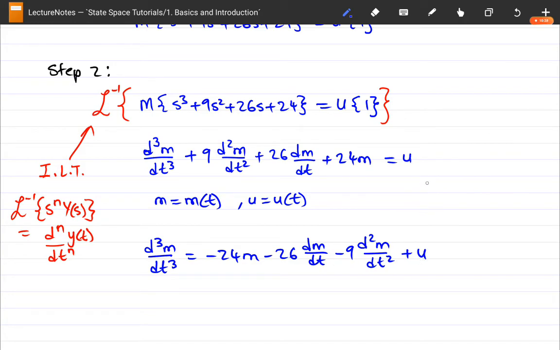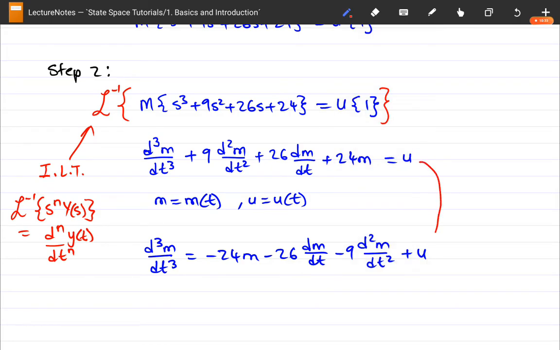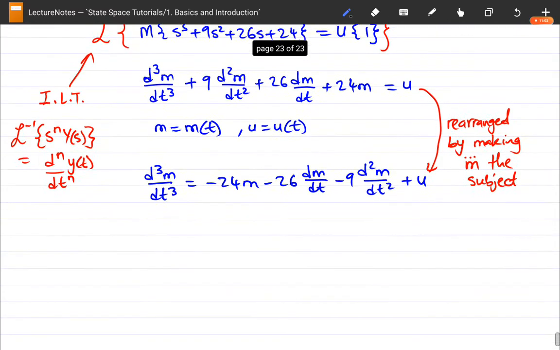Nothing magical, we just moved terms from here to there, making m triple dot, the third derivative of m, the subject. Okay, so we're going to use this differential equation a bit later. I just wanted it to be ready for us when we need it.